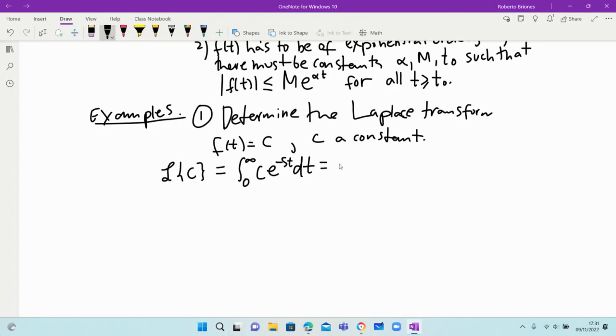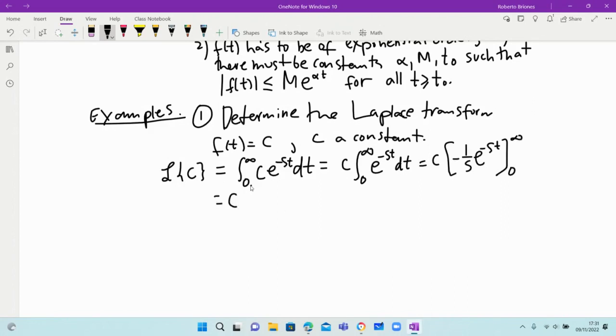Since c is just a constant, I can bring it outside the integral. Incidentally, the integral of e to the negative st is negative 1 over s times e to the negative st, integrated from 0 to infinity.